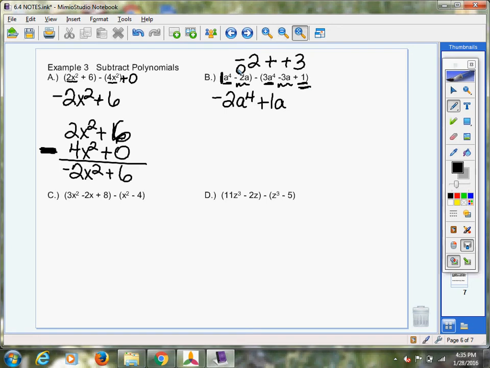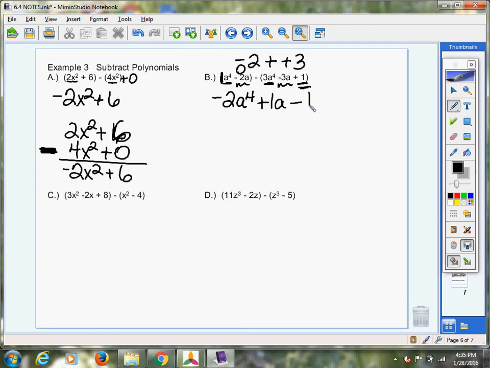So what is 0 minus 1? 0 minus 1 is a whole lot different than 0 plus 1. So we want to make sure we don't just drop down a positive 1, because it's not positive. 0 minus 1 is negative 1.